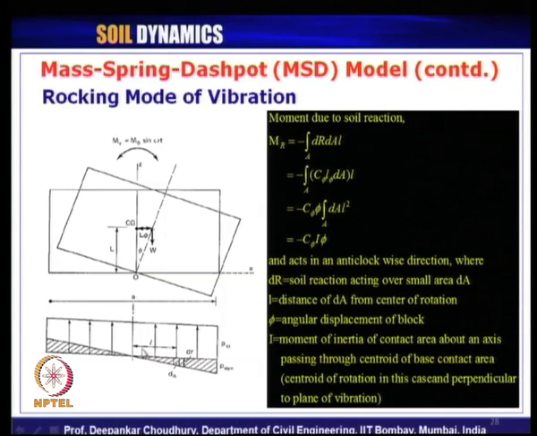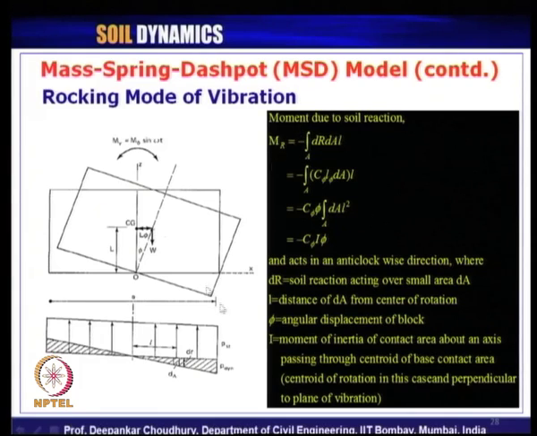Now, let us consider that A is the dimension of the footing in x direction, L is this length at which we are considering a small infinitesimal strip, where the dr is nothing but the soil resistance or soil pressure, and dA is the area on which it is acting.